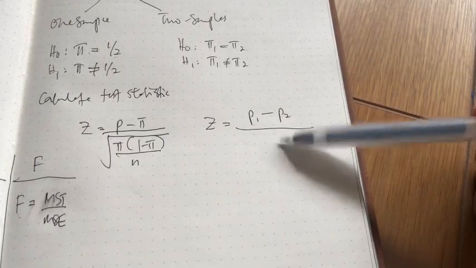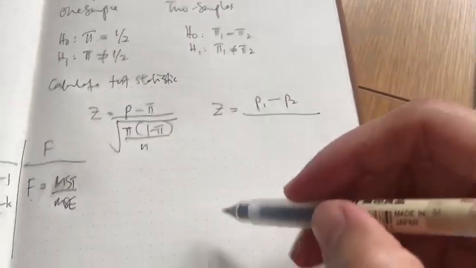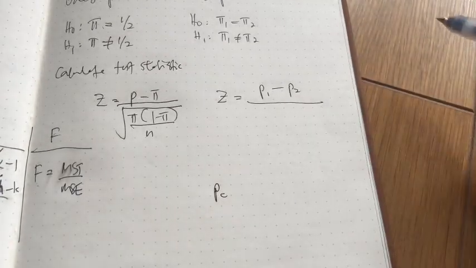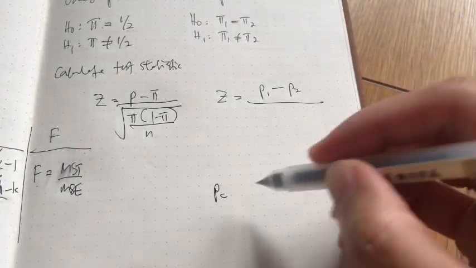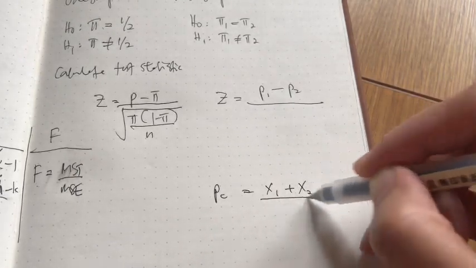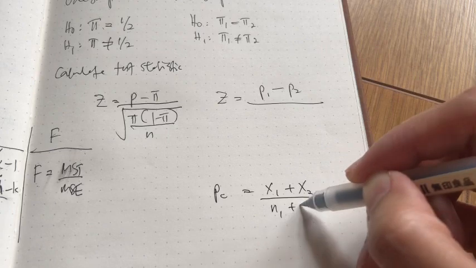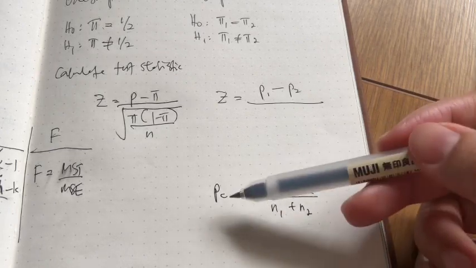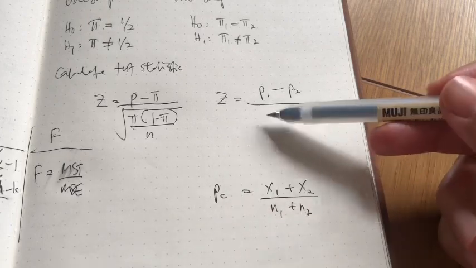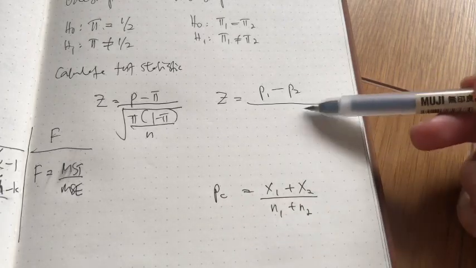Since now we've got two samples, we need to calculate something first. We need to calculate something called the pooled proportion, or the combined proportion, which is x1 plus x2 over n1 plus n2. Once we have this combined proportion, we will use this for the standard error.